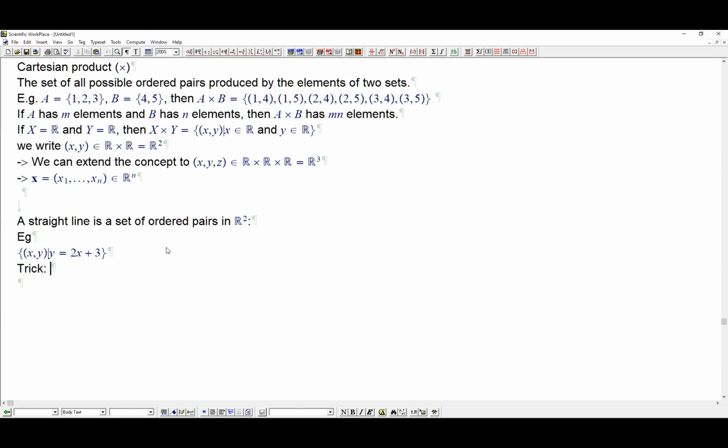You can use any point you like, but using 0 is perfectly good. So replace x by 0, compute y, which would be then, we get (0, 3).